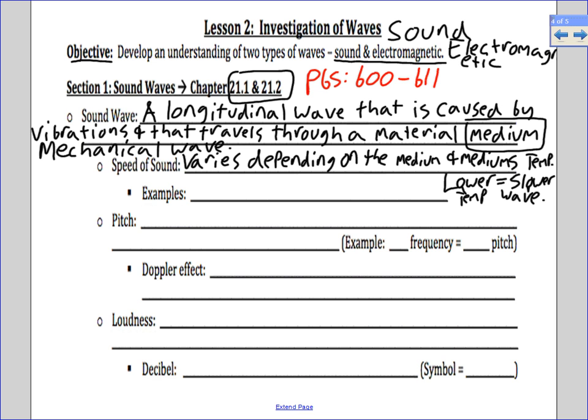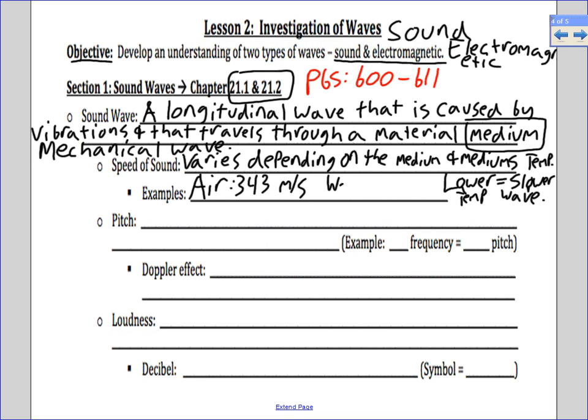All right? Now, an example of the speed of sound would be in air. It would be 343 meters per second. So if you were to exceed 343 meters per second in air, you would break the sound barrier and you'd hear a large boom. Okay?